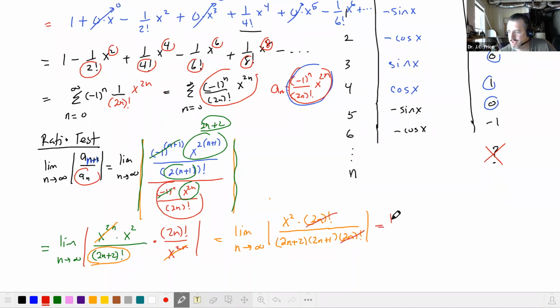And so this is going to be equal to the limit as n goes to infinity of the absolute value of x squared. We'll keep the absolute values on there, although you don't have to because you're squaring x. And then on top, you just have a 1. And on bottom, we have this 2n plus 2 times a 2n plus 1.